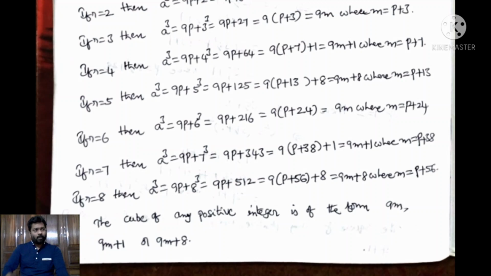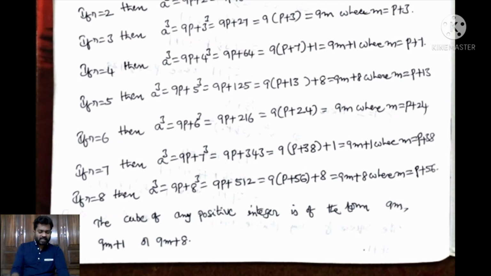What is the formula? a cube plus 3a square b plus 3ab square plus b cube. Then substitute the values: (9q) whole cube plus 3 into (9q) whole square into r plus 3 into 9q into r square plus r cube.